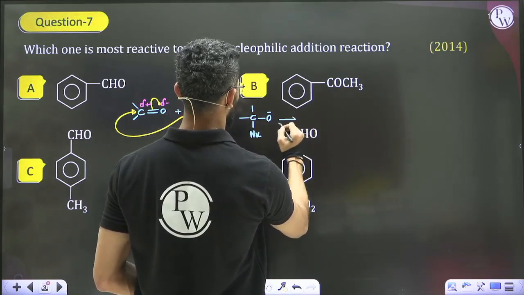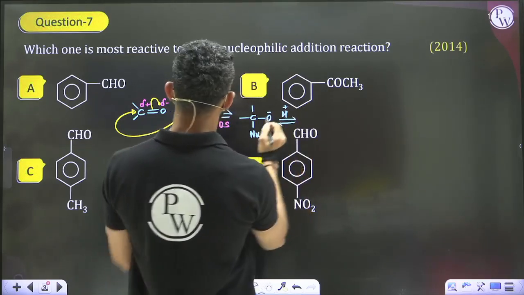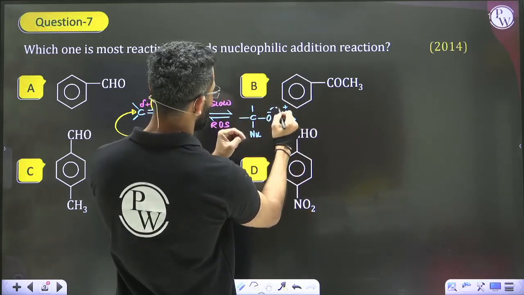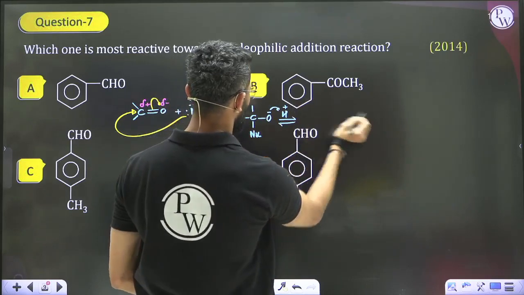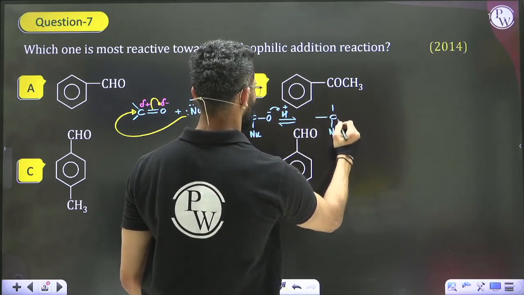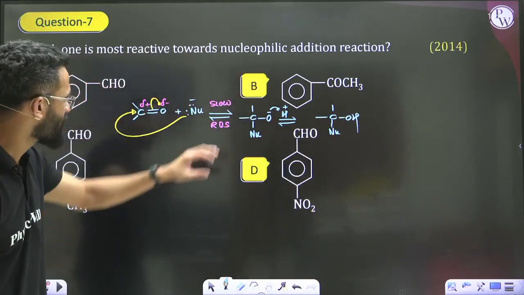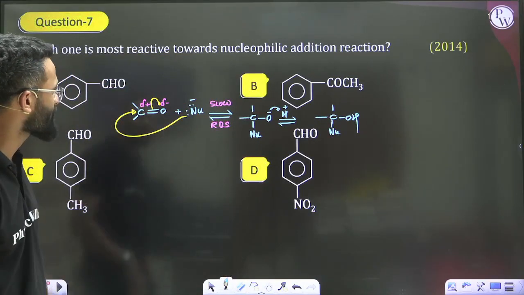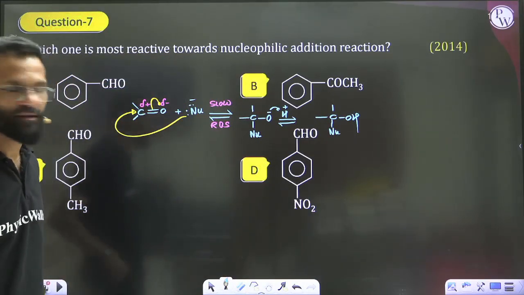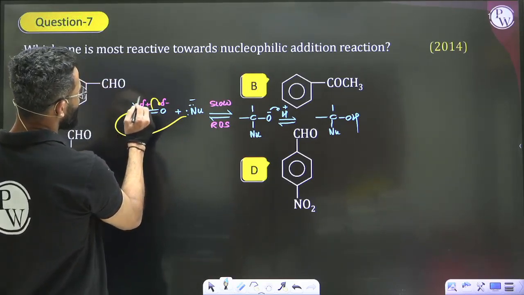This single bond O minus then accepts a proton either from the nucleophile's protic part or from the solvent, and that's how we get formation of a product like this. Well, the whole idea here is, in the rate determining step, the nucleophile is attacking at the carbonyl carbon atom. So imagine if this carbonyl carbon is more deficient.